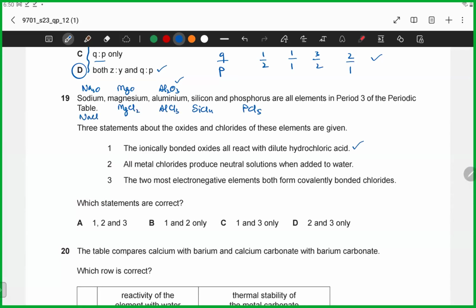It's only the first one that's neutral. So 2 तो गलत है. The two most electronegative elements both form covalently bonded chlorides. हाँ ठीक है, वो सही है. तो 1 and 3 सही है.